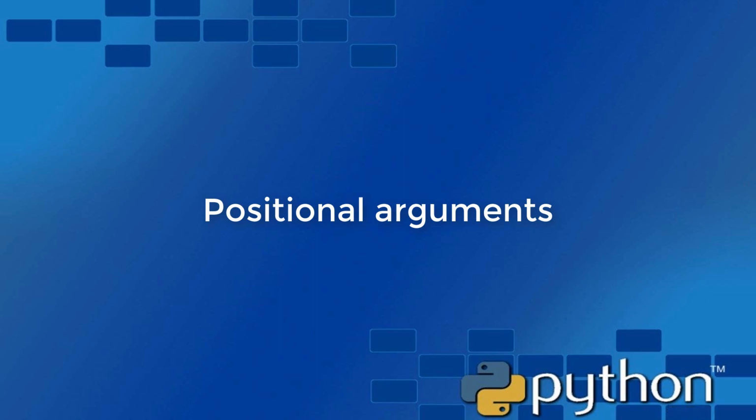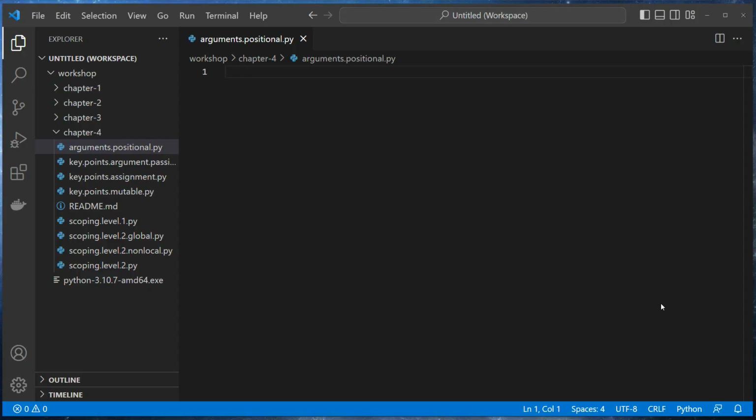For positional arguments, I created this file, argument.positional.py. I want to define a new function called func, and then I want to say a, b, and c. You're going to print them, as you can see here, a, b, and c. Then func, I'm going to pass 1, 2, 3.